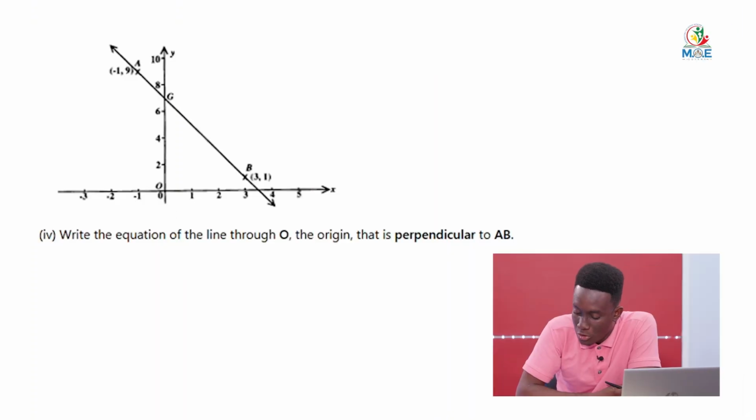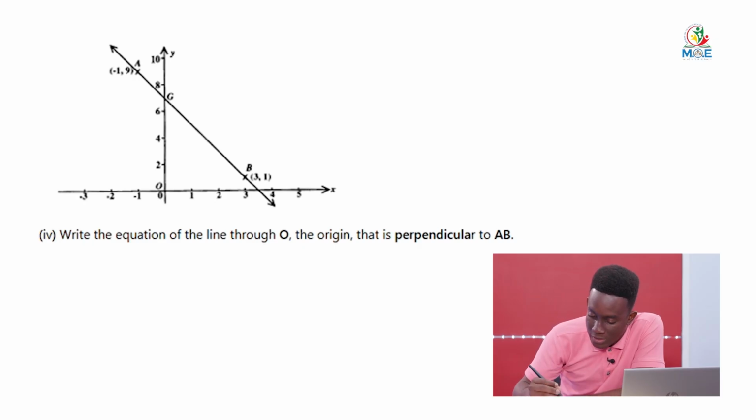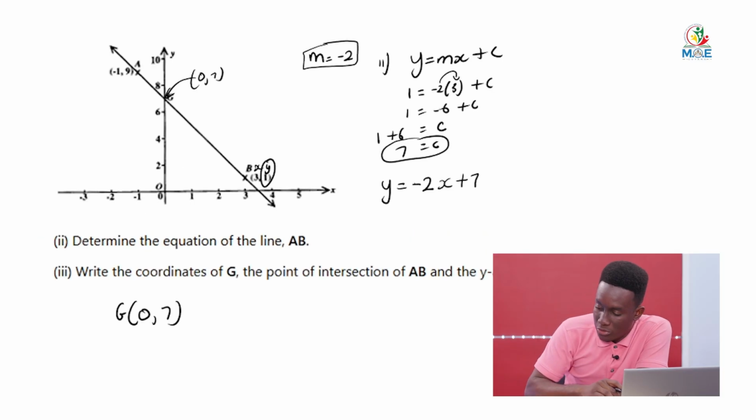Next one, write the equation of the line through O, the origin, that is perpendicular to AB. So they want a line that goes through O and is perpendicular to the line that we just found, y equals negative 2x plus 7.